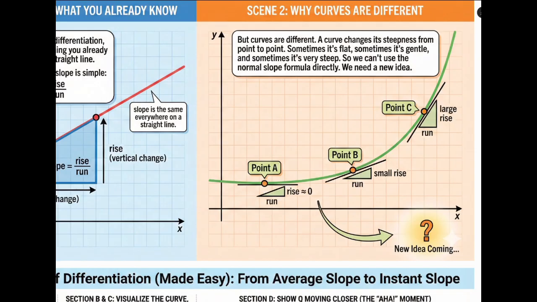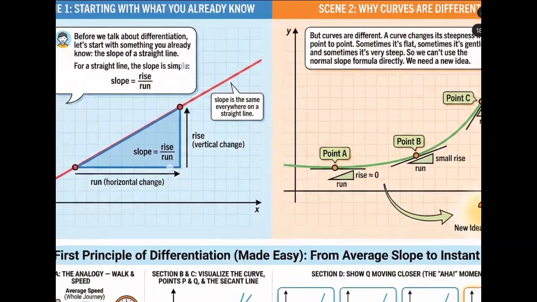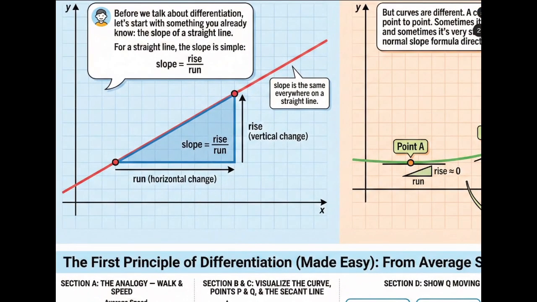So, we need a way to measure the slope at a single point on a curve. So we have differentiation as a tool that will help us to do that, because we can't rely on just a single formula that is actually applicable only for a straight line.